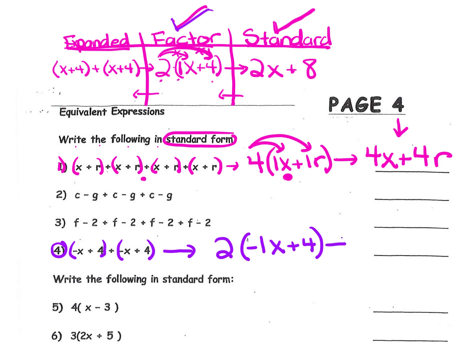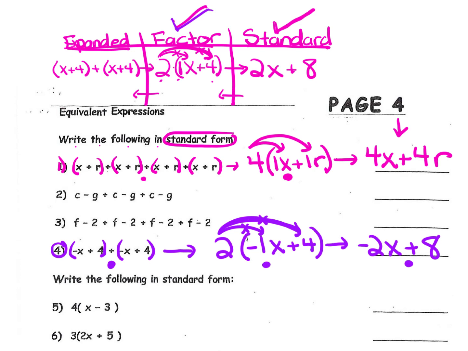In order to move it into standard form, we're going to multiply each of these terms by 2. 2 times negative 1 is negative 2x, and we're going to double the second term. 2 times positive 4 is positive 8. My answer is in standard form. We started in expanded, went to factor, and arrived at standard form.